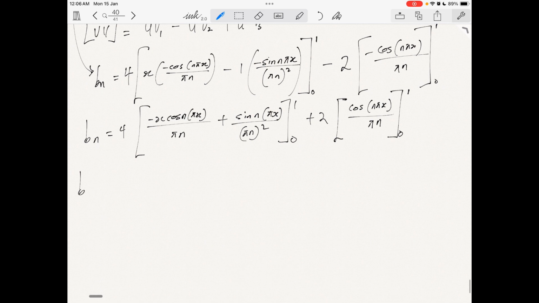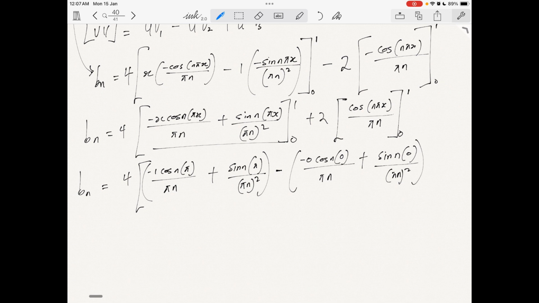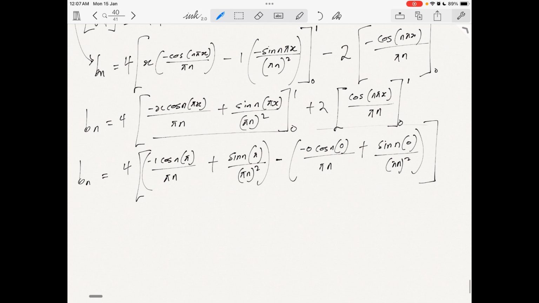Therefore, we can now put our upper limit and lower limit. So putting our upper limit, we have 4 times minus 1 cos n pi divided by pi n plus sine n pi over pi n squared, minus, and now putting our lower limit of 0 into this, minus 0 cos n of 0 over pi n plus sine n of 0 over pi n all squared, and then we apply upper limit and lower limit for the second term.